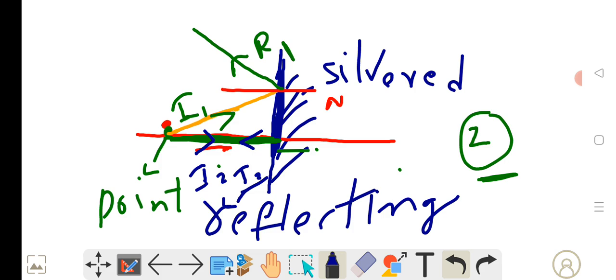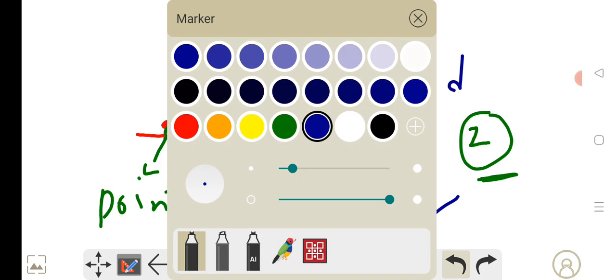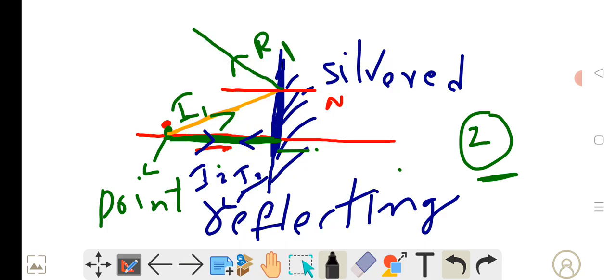Now can you join these two reflected rays in front of the mirror? You can extend to any length. Can you be able to join or not? Now see here, they are divergent, means it is going this side, it is going this side. So there is no possibility of meeting in front of the mirror.